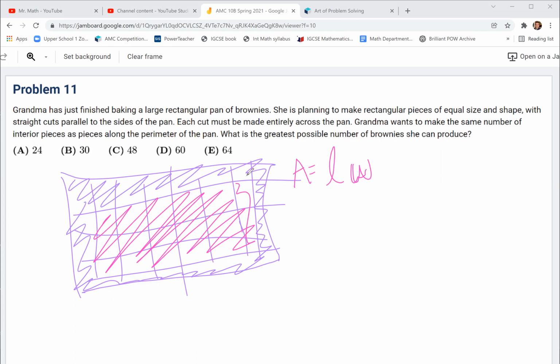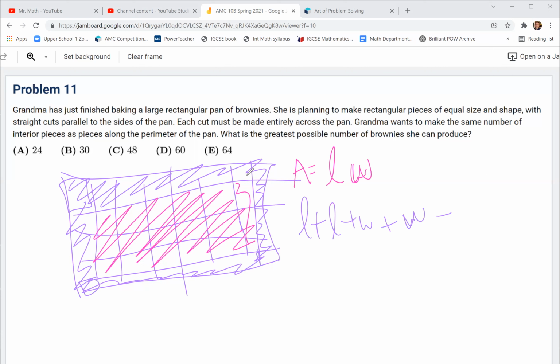Now, let's think about this. What would be the number of pieces along the perimeter? It would be L plus L plus W plus W, but we have to subtract the ones that are double counted. Which ones? The four corners.